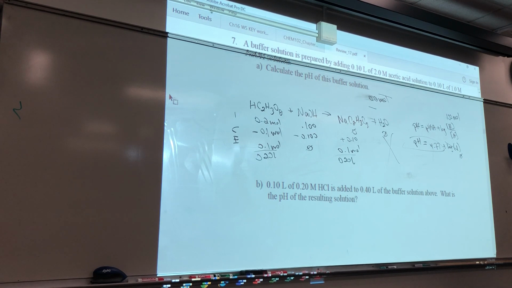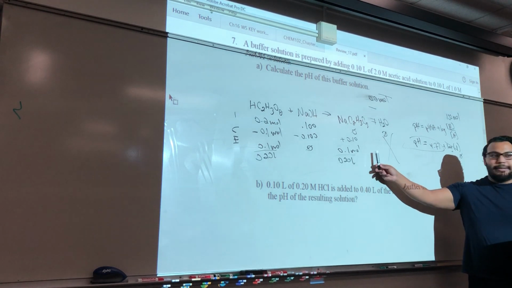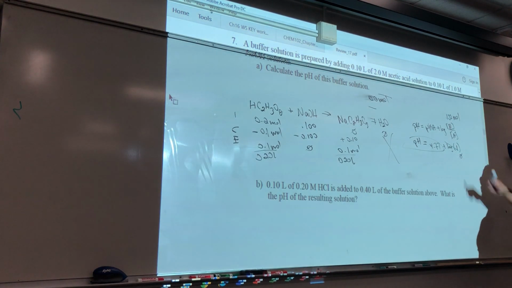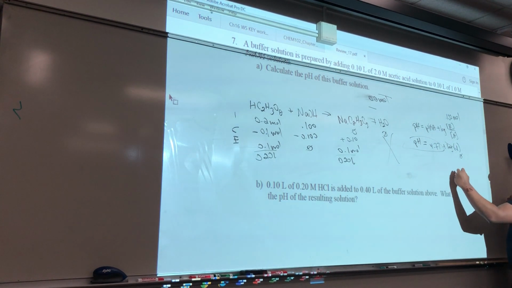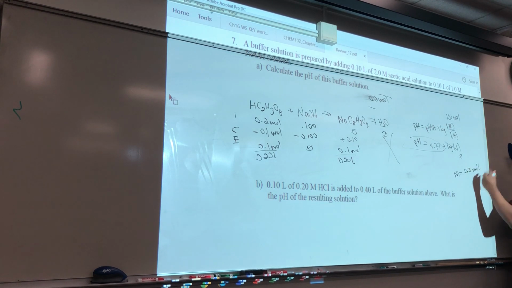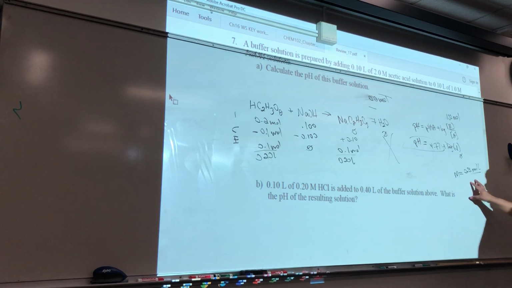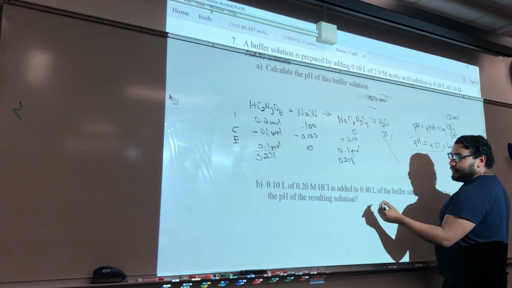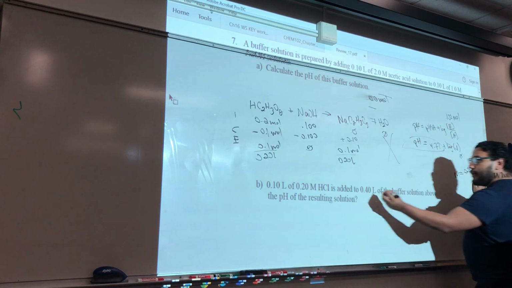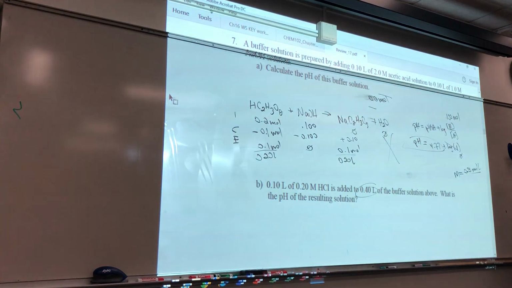Since we have the molarities, 0.5 moles per liter of both, let's keep that handy. We added it to 0.4 liters of the buffer.